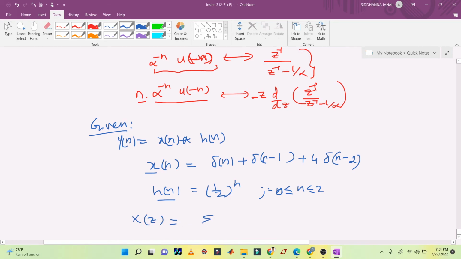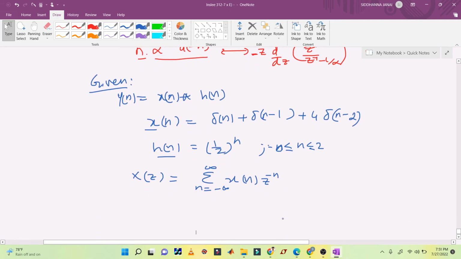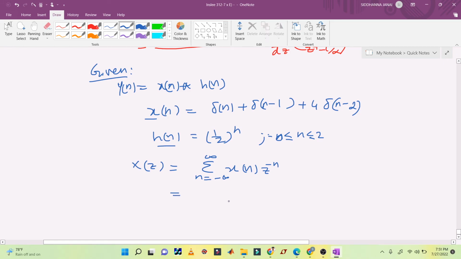X of z is the summation n is equal to minus infinity to plus infinity x of n z power minus n. But here delta functions are there. Already we know how this will result.